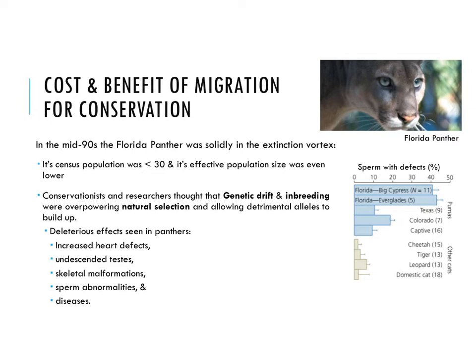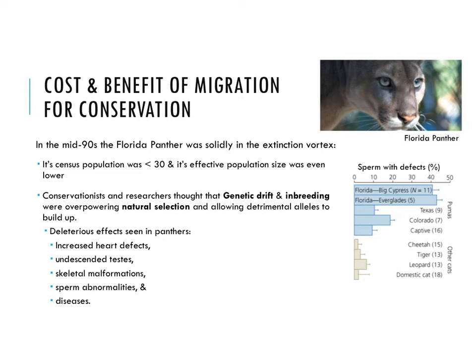And folks concerned about the conservation of the Florida Panther and researchers thought the genetic drift and inbreeding were overpowering natural selection and allowing all these detrimental alleles to build up. They thought that because they were seeing all these deleterious effects in the panthers.